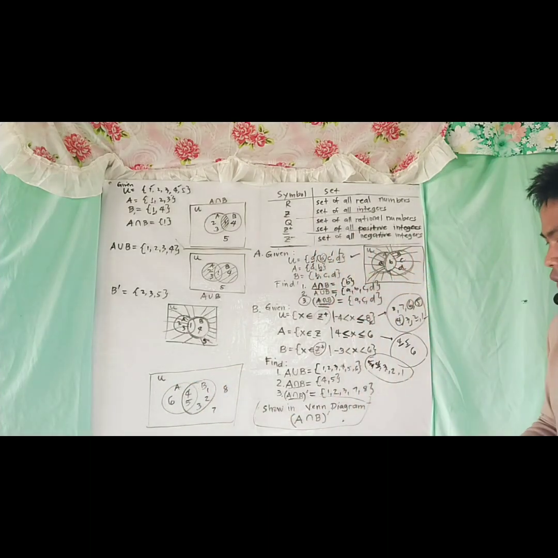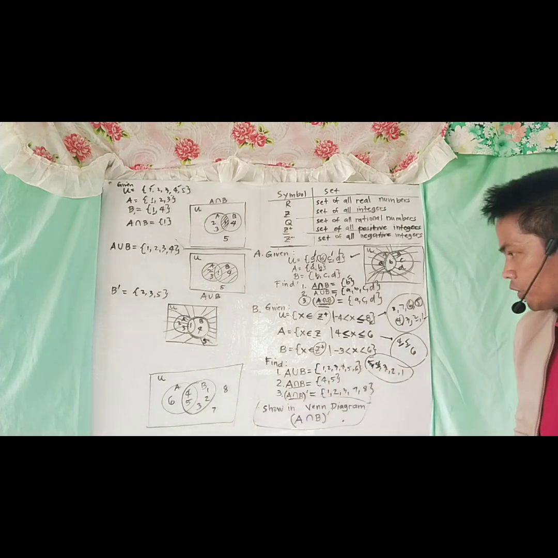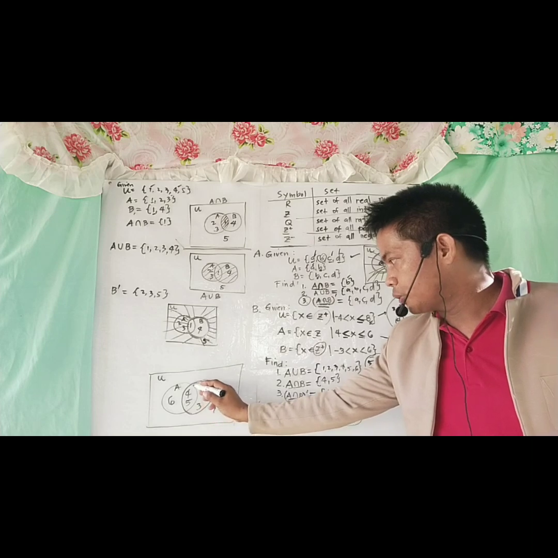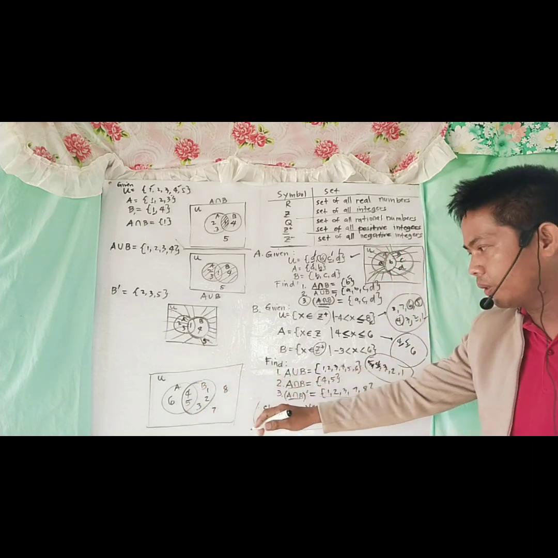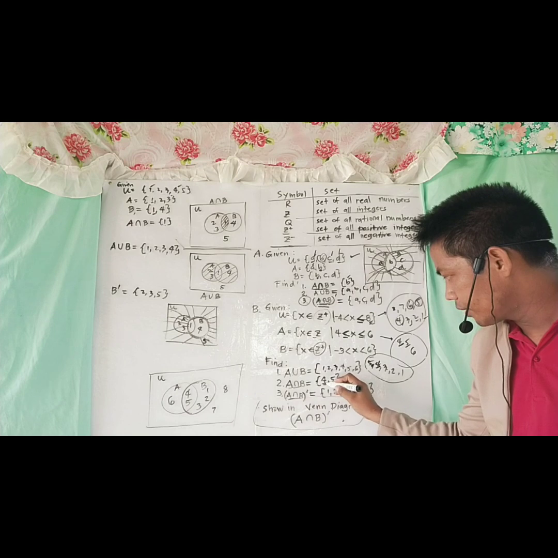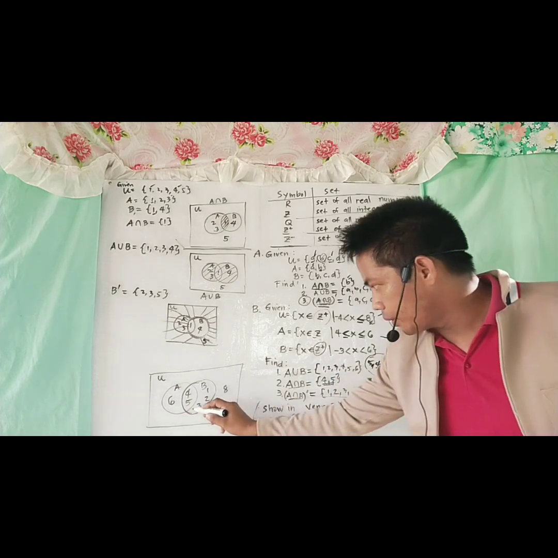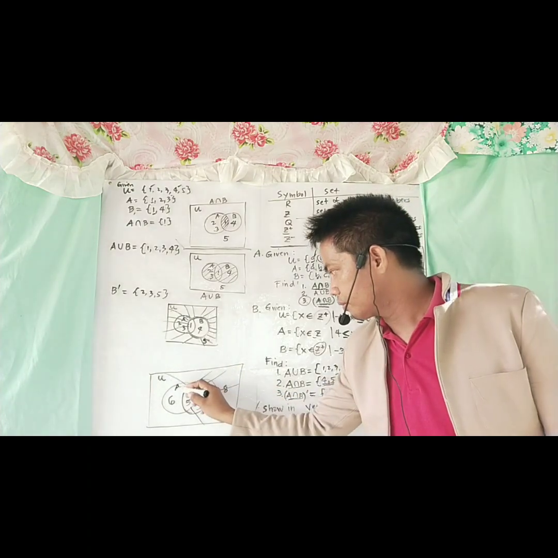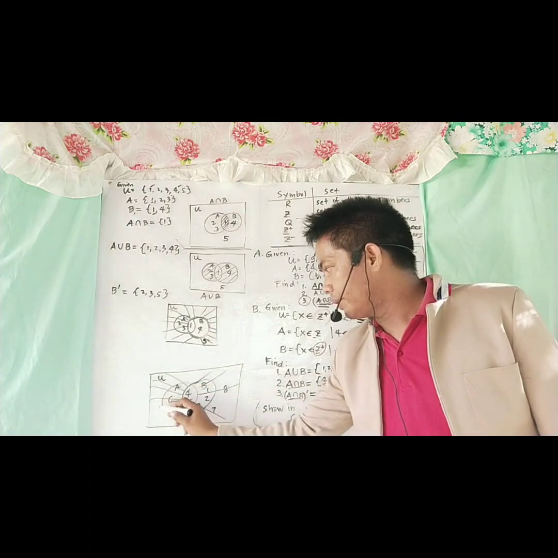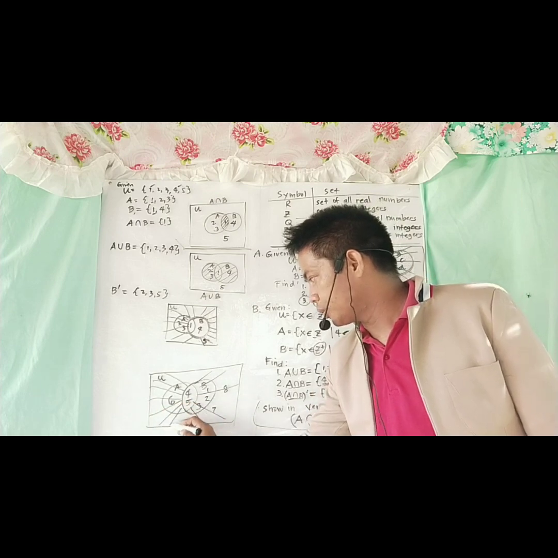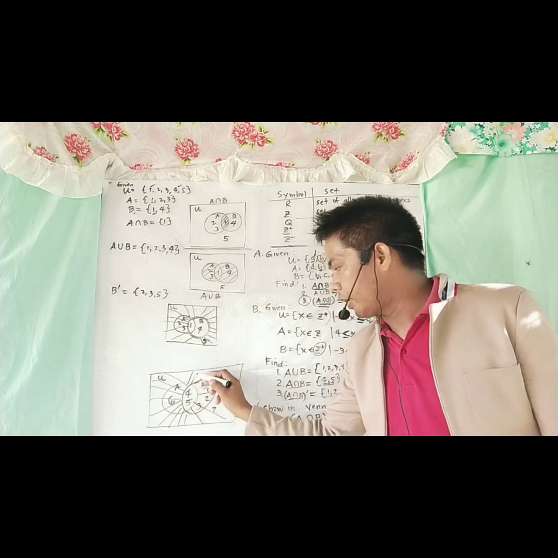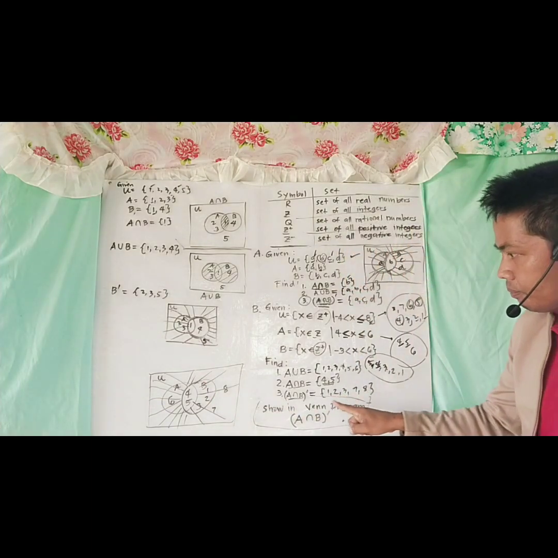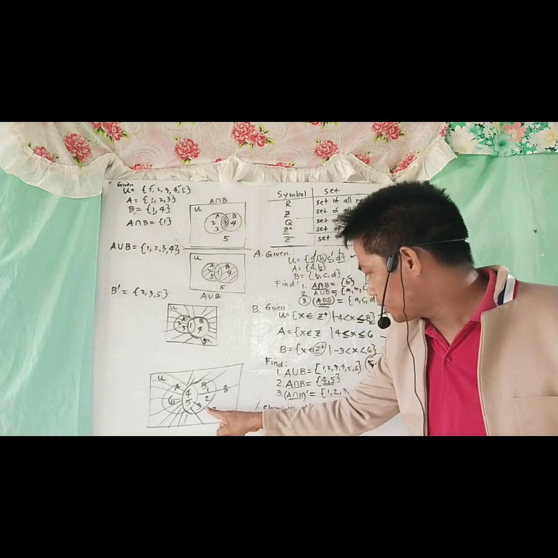Let us now shade A intersection B. We have to shade all the regions where 4 and 5 are found. This is the complement of the intersection of the two sets. The elements are found in this region.